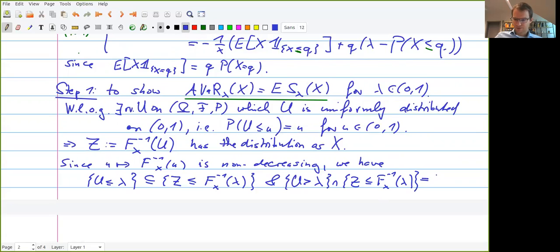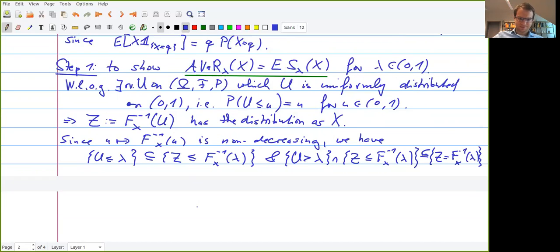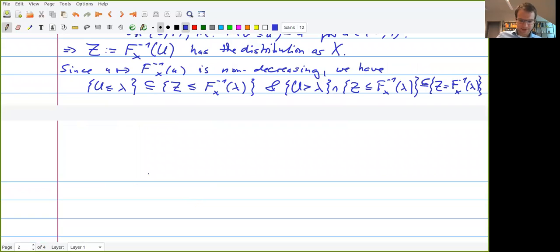And what we see here, by the definition, is that this is included in the event that Z is equal to lambda. So the omegas which are not in here but in here fulfill this; we need to have the equality here. That's nice to observe because we can use this in our calculations.